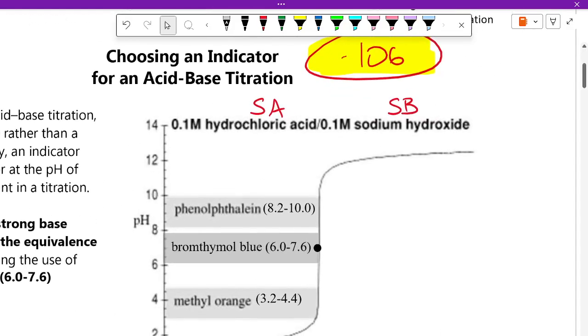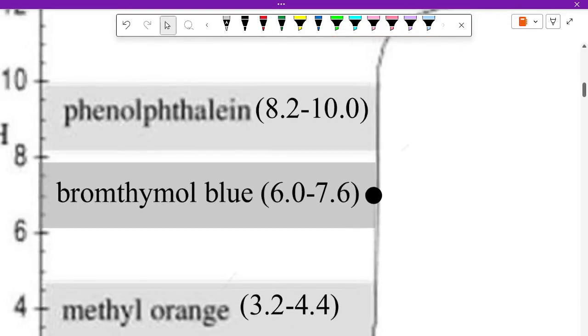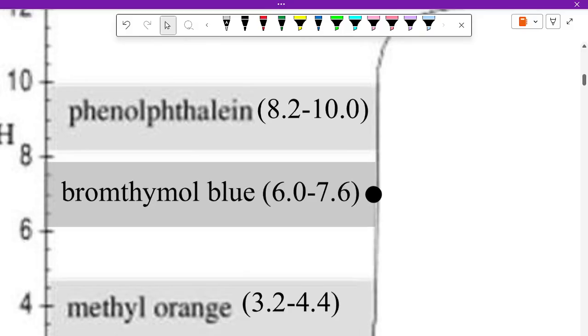So last year we titrated a strong acid with a strong base. Did we use bromthymol blue as our indicator? Did we? What did we use? We used phenolphthalein. Now, phenolphthalein does not change color at pH 7. Its transition point is around pH 9.